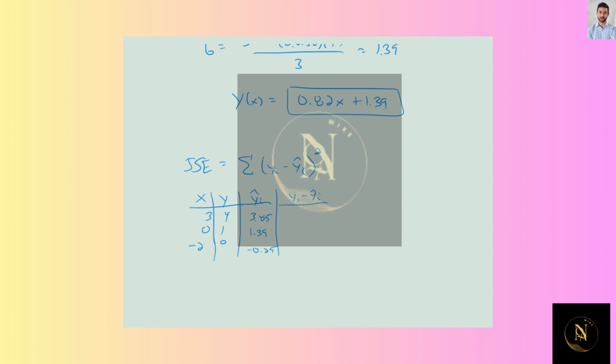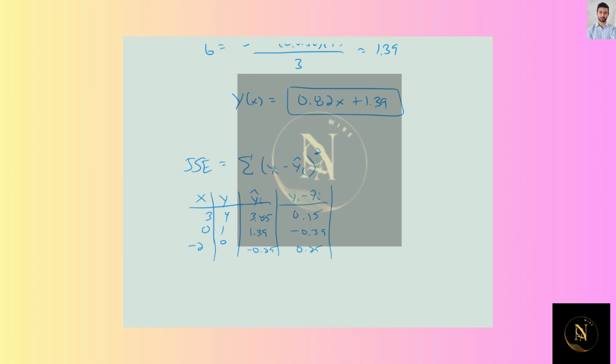So that would be 4 minus 3.85, which is 0.15. One minus 1.39 is negative 0.39, and 0 minus negative 0.25 is 0.25.